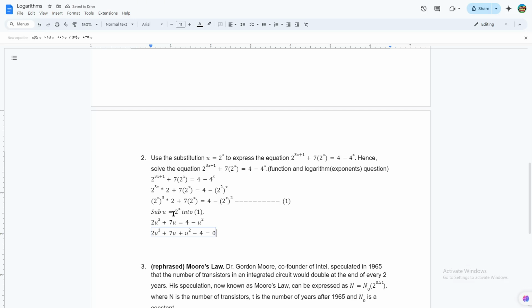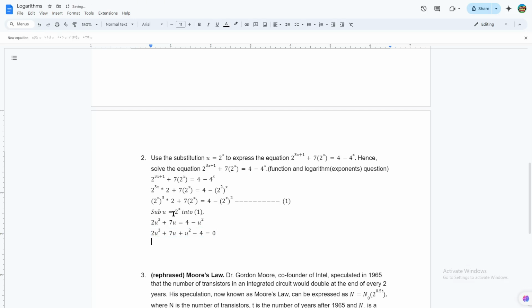So now we need to find what u is. Firstly, let f of u, see, here comes the function part, equal this whole equation but without the 0.